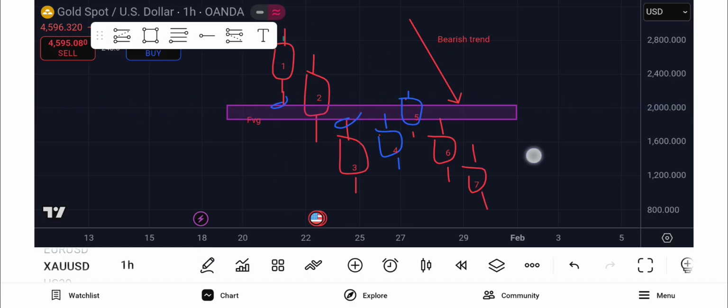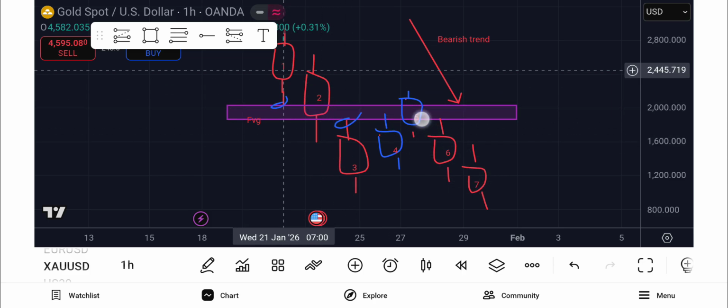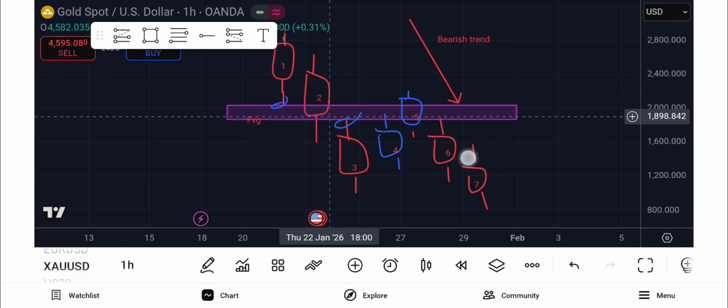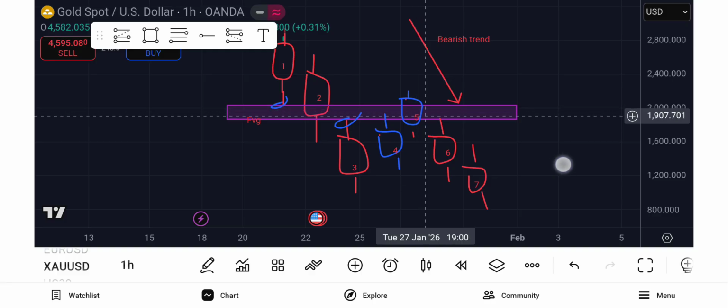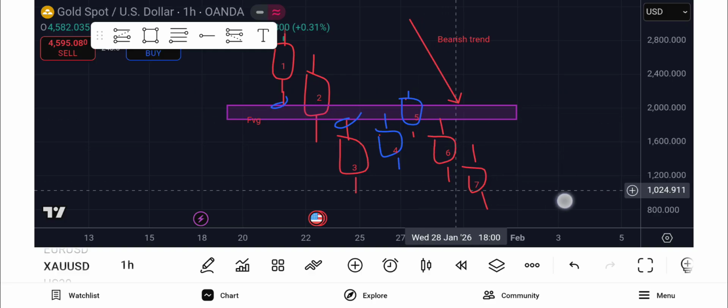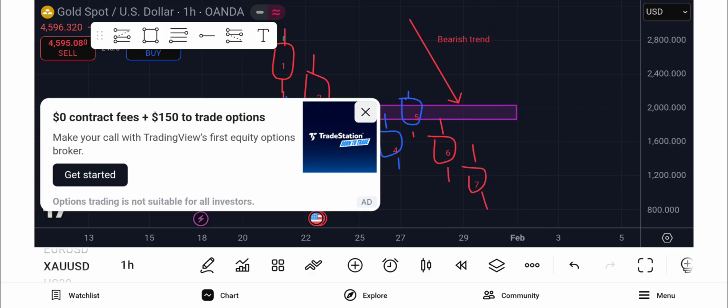These are the fair value gaps between the 1 and the 3, right? You would wait for price to come back into here, and then you would sell all the way down to take out this low. Okay, or just continue to sell.